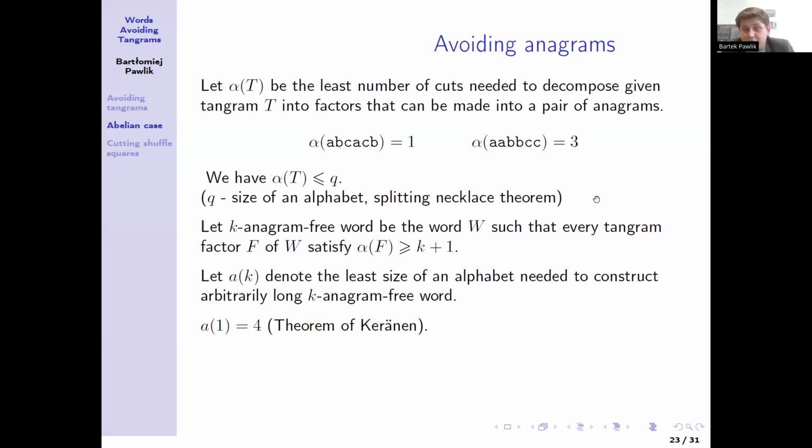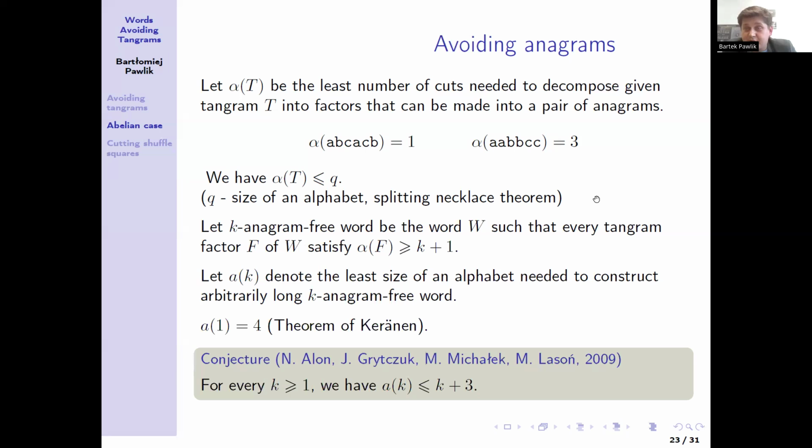So we know that A_1 is 4, and this is the theorem of Keränen on avoiding abelian squares. And there is a conjecture that we posted in our work, but was posted before by Noga Alon, Jarek Grytczuk, Michał Hałuszczak and Oliver Riordan in 2000, that there is this linear bound for every k: A_k is less than or equal to k plus 3. Maybe it is, maybe it's not. We don't have a proof of that.